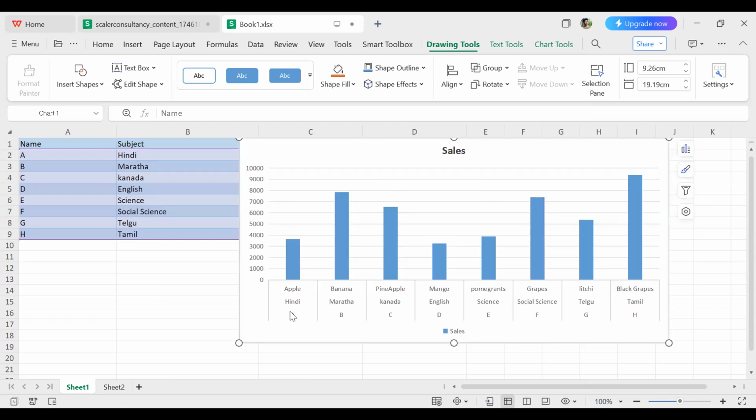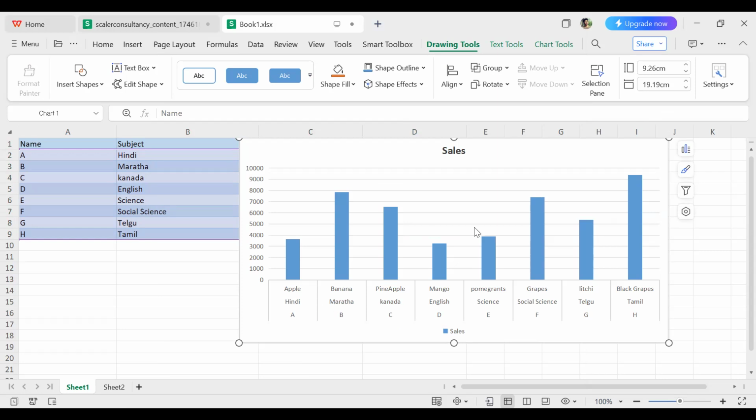So we can see here the column part, the A, B, C and Hindi, Apple. So here we can see all the column names, right? And we are facing the challenge of maintaining only one column.